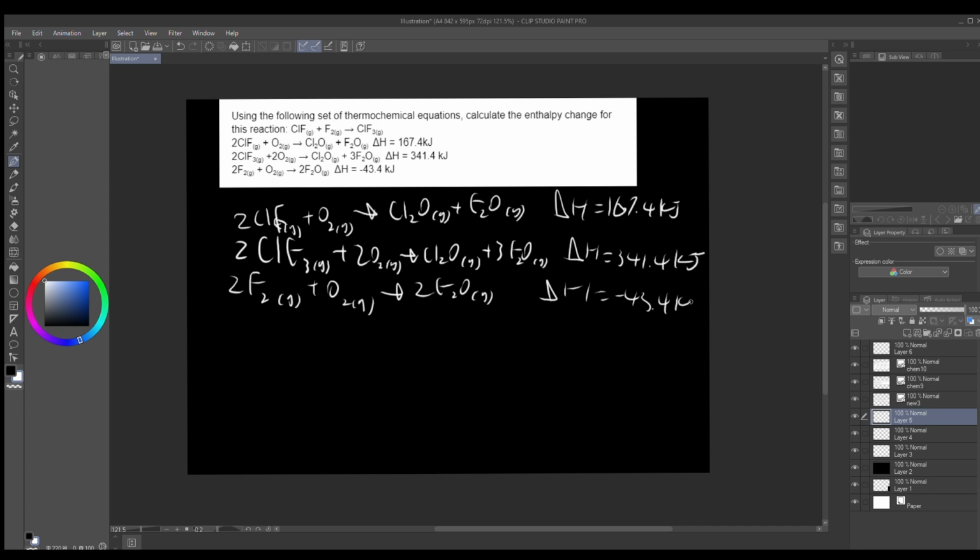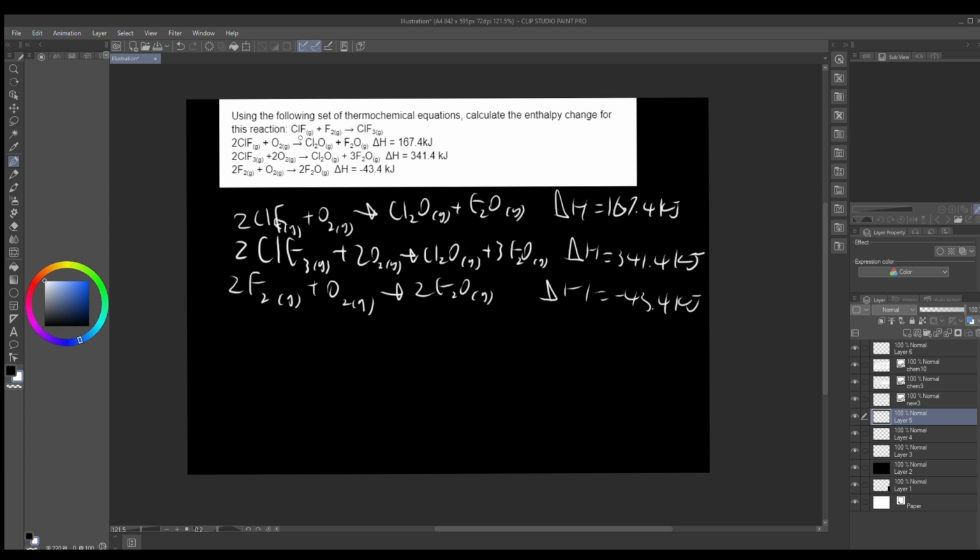Okay, so the way we reach the target equation is we multiply specific thermochemical equations by specific values in order to replicate the products and reactants over here. So looking at the first one, none of these are in here, so let's move on to the other ones.